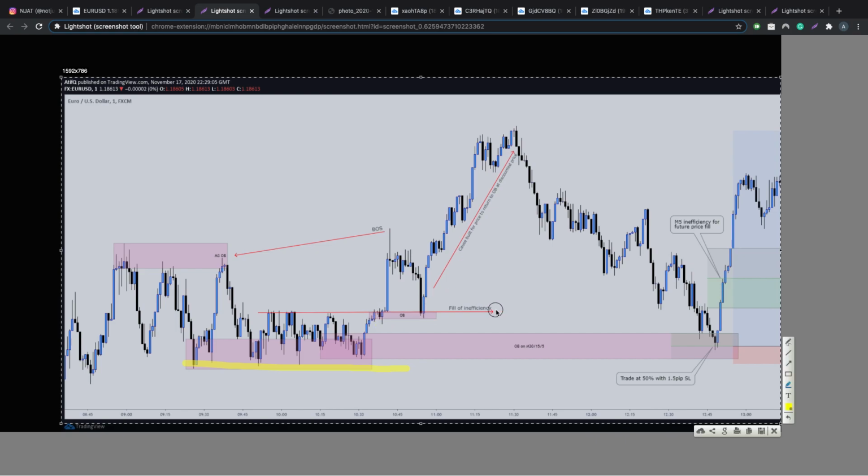This is definitely a fill of inefficiency, but it's not something I would mark on, because for me, the more significant thing that I'm seeing here is this price delivery between these two candles. Now, it may be hard to see, and another thing as well, I'm not sure how you've marked your OB here, but essentially we want this OB to be from where it actually starts. So make sure you're drawing your OBs from the actual candle that you're using, just so it helps us to identify which one you're talking about.